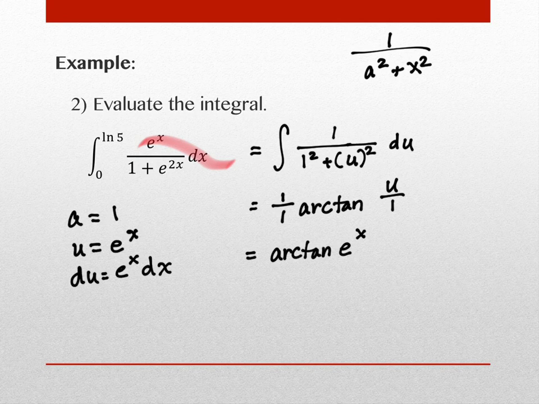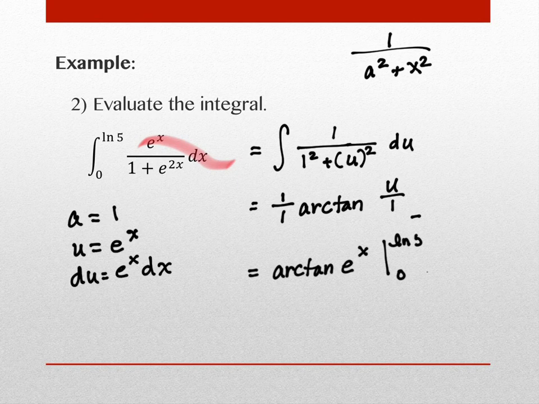Okay, now that it's back in terms of x, I can replace the x with the values that it is equal to. That's loud, isn't it? Nice. Okay, so the x limits of integration are 0 and natural log of 5. Okay, so we're going to put in these values.